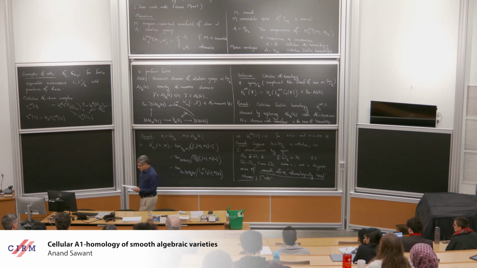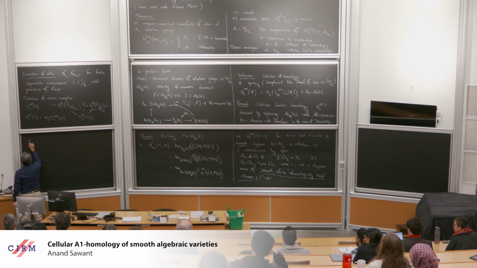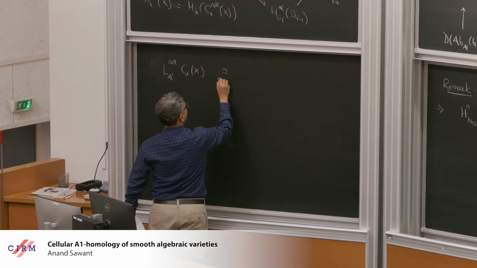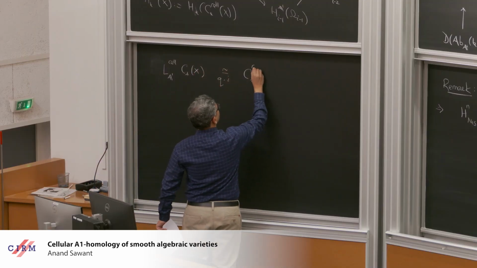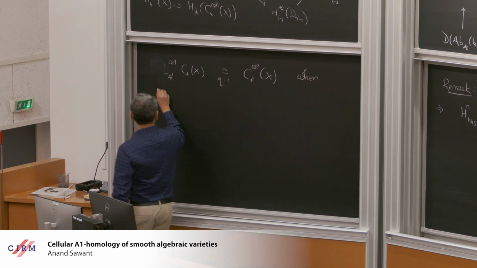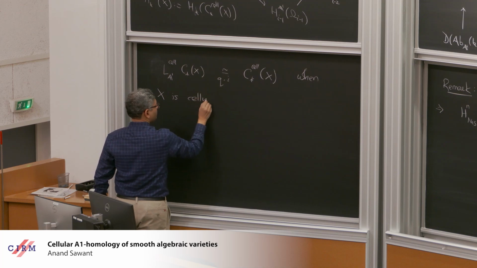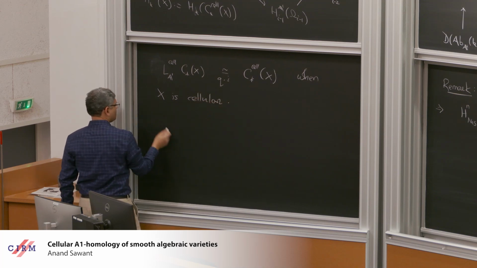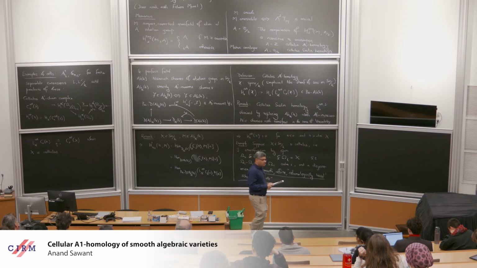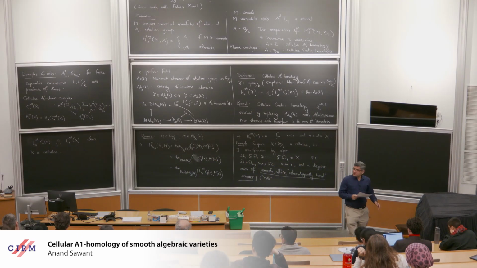So what I said was that one can see that LA1 cell of C star of X is quasi-isomorphic to this when X is cellular. And now I want to write down the precise conjecture.